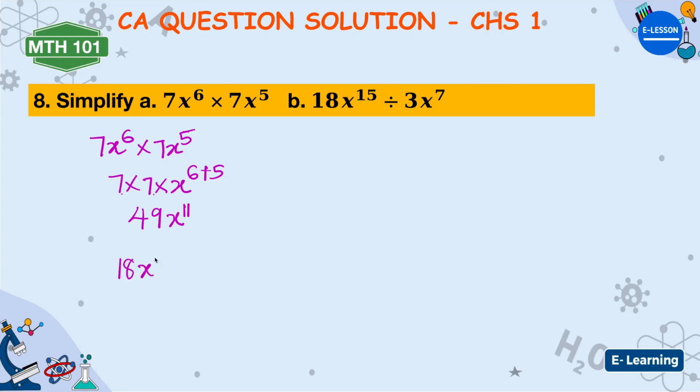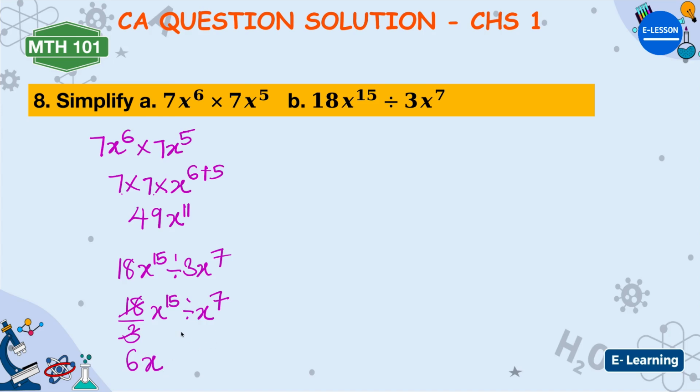This one, 18x raised to the power of 15 divided by 3x to the power of 7. Now for this, it will be 18 divided by 3. Then we have x raised to the power of 15 divided by x raised to the power of 7. 18 divided by 3 is 6.